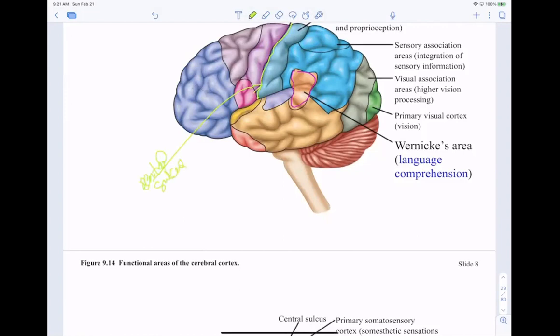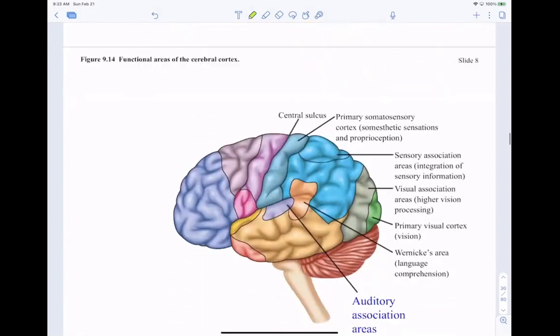It's posterior, so it's understanding. It's hearing language, which is sensory. It's seeing written language, which is sensory. It's feeling braille, which is sensory. So we comprehend language based on sensory input of some sort.